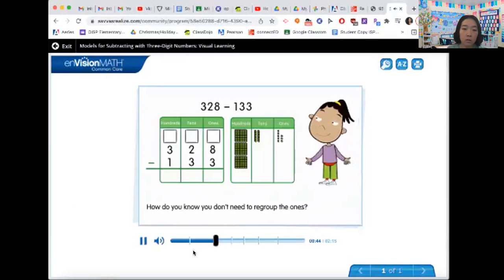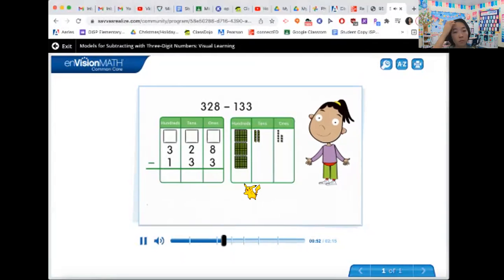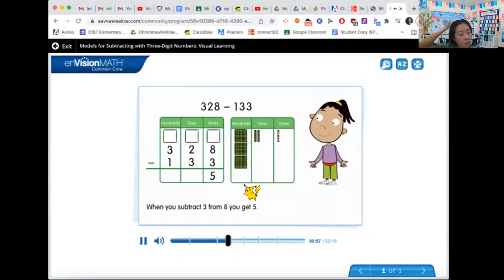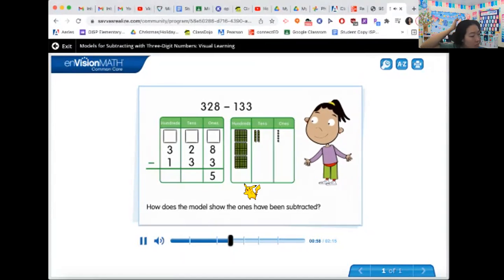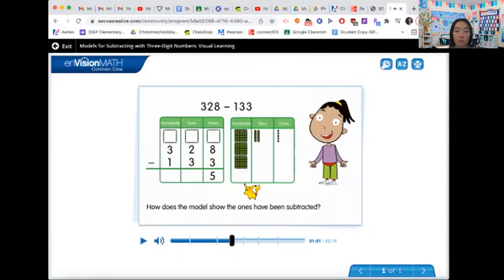How do you know you don't need to regroup the ones? There are enough ones to subtract 3 from 8. When you subtract 3 from 8, you get 5. How does the model show the ones have been subtracted? The model shows only 5 of the 8 unit cubes left.